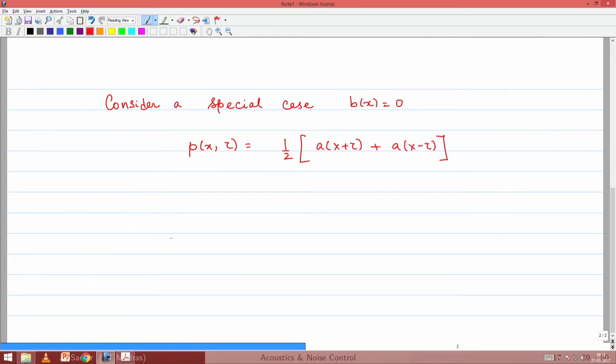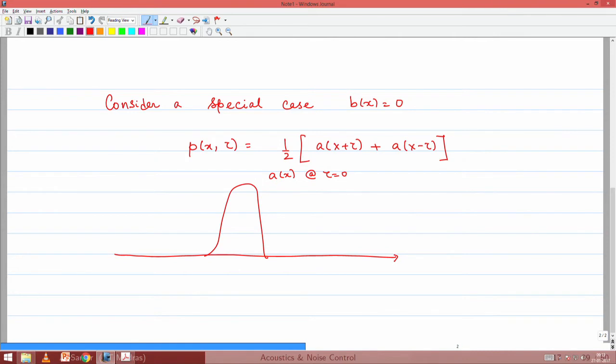What does it mean? That means at tau equals 0, if we have a certain waveform, this is a of x at tau equals 0, right. This is the initial condition that has been specified.